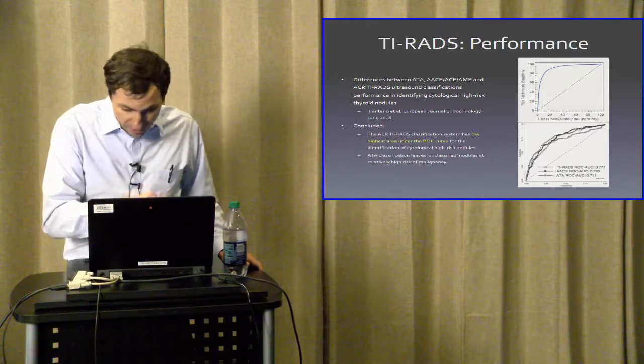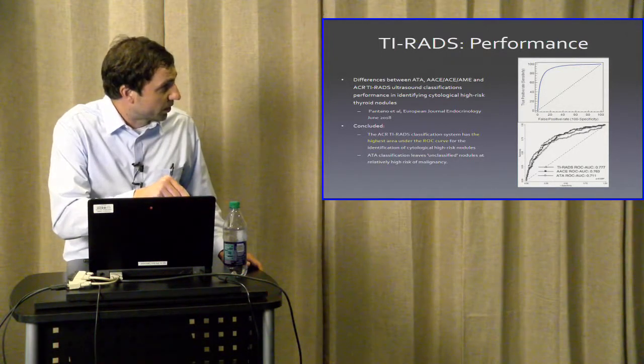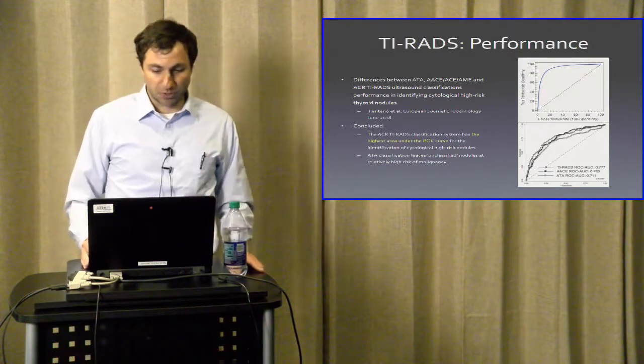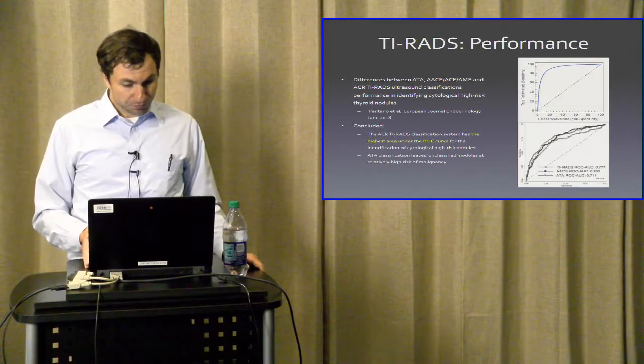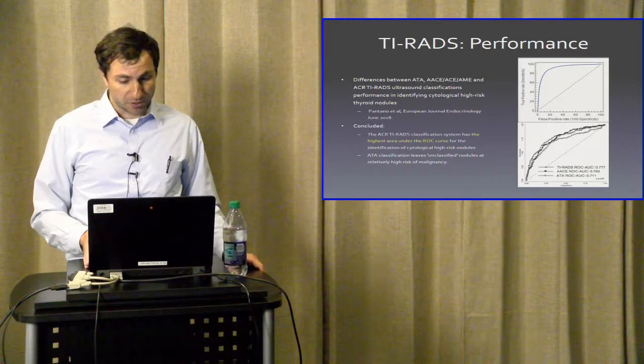It might be hard to see. The small triangles are the TI-RADS, by comparison, which did in this particular study have the larger receiver operator, or the larger area under the curve, which suggests that it was slightly superior to the other classification schemes in this instance.